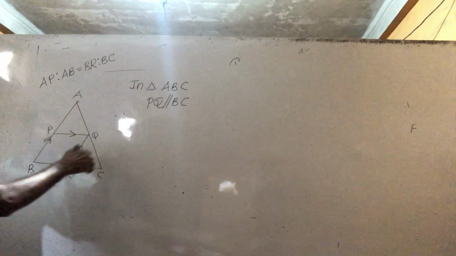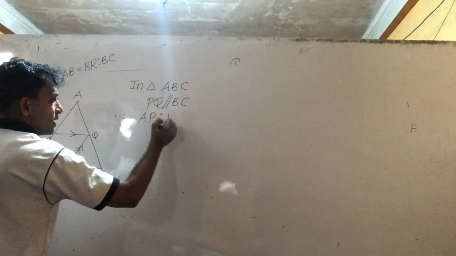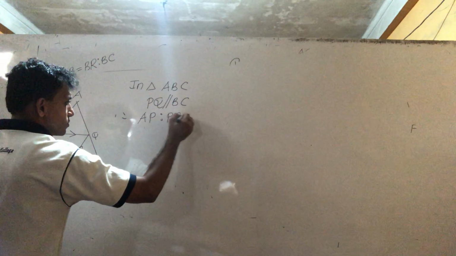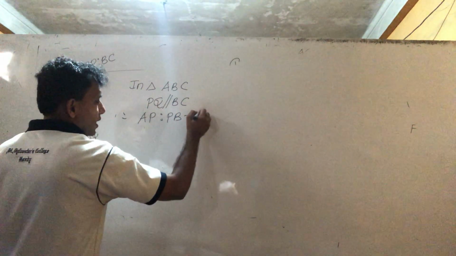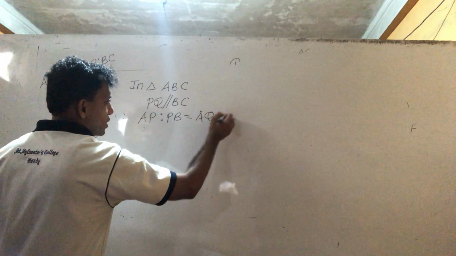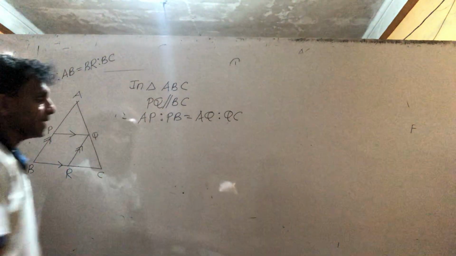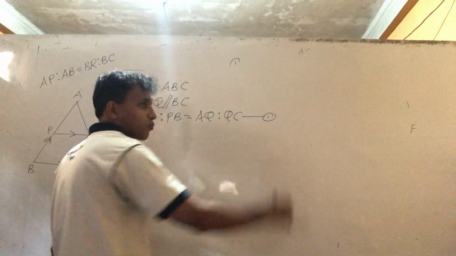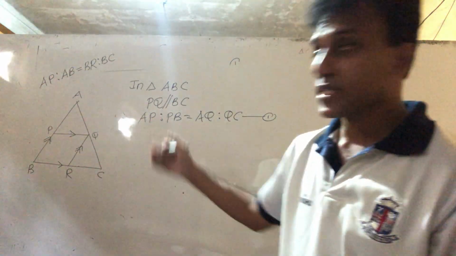AP is to PB equals AQ over QC. Okay, I call that number 1. For one pair of parallel lines, we can obtain such a result.